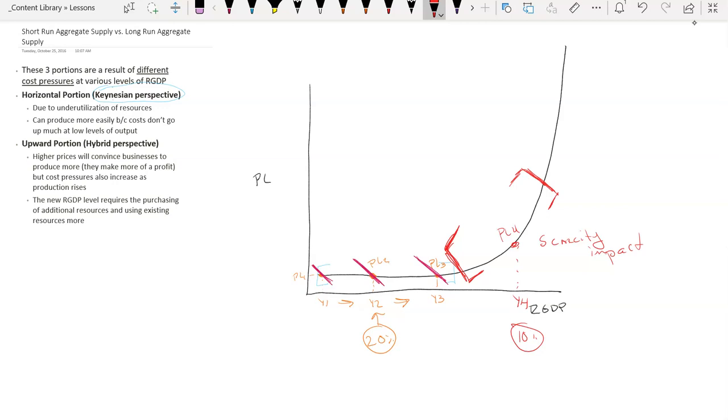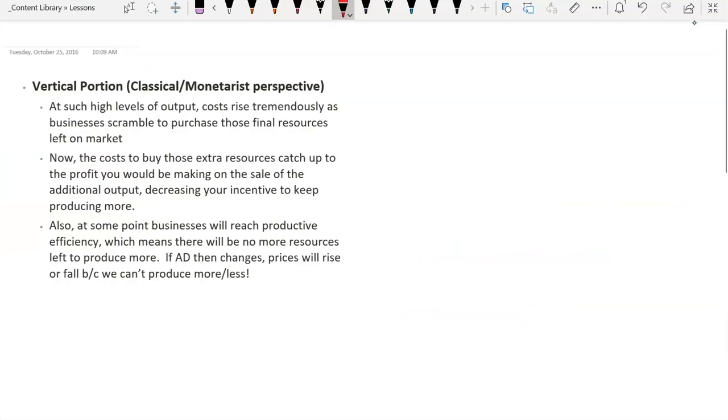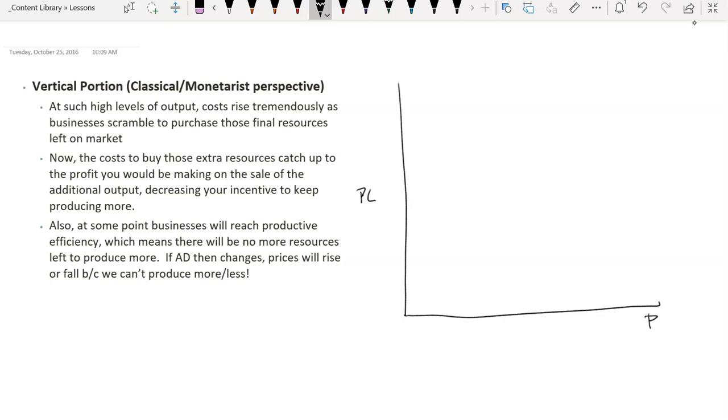And so let's hop over to the next slide and we'll take a look at the vertical portion, right? And so this last part of the graph, price levels, real GDP, is this portion, right?